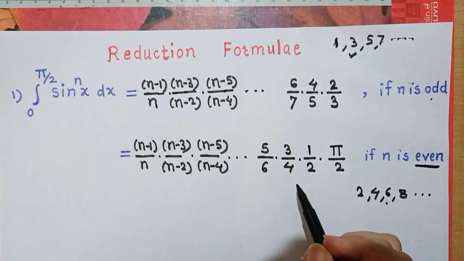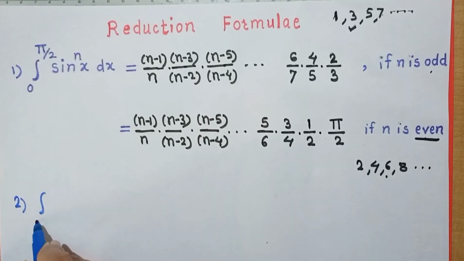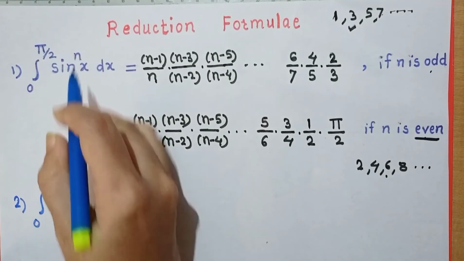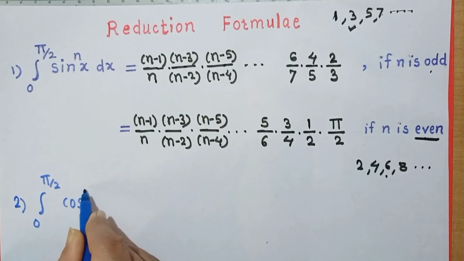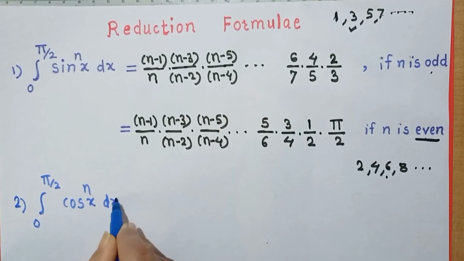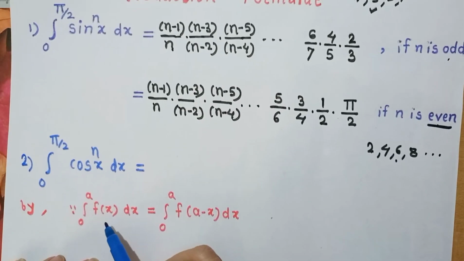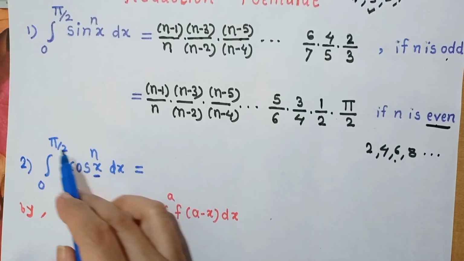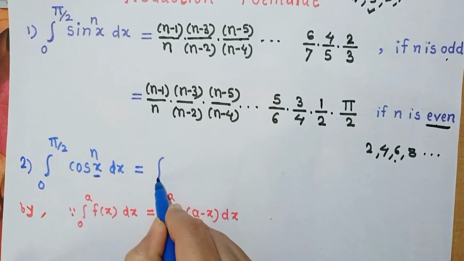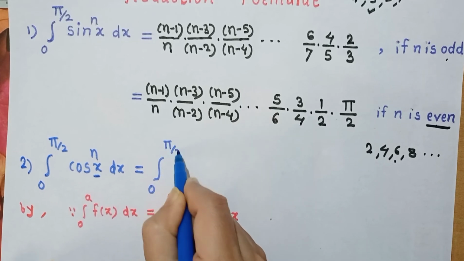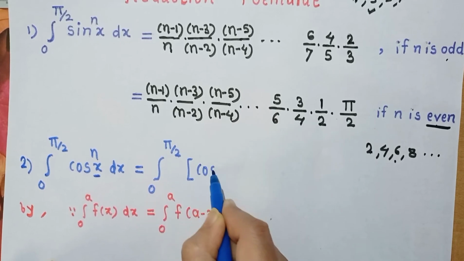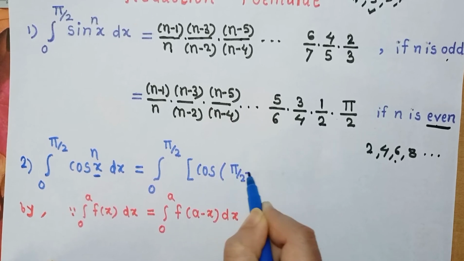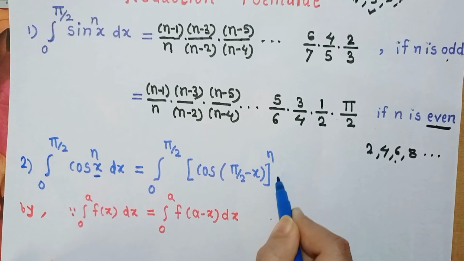And now let's check what the second formula is. Here 0 to pi by 2, and instead of sine we have to write cos of x raised to n dx. By using this property, integration 0 to a f(x) dx equals integration 0 to a f(a minus x) dx, we will replace this x by pi by 2 minus x. So here 0 to pi by 2 as it is, and here instead of cos of x, we will write cos of pi by 2 minus x raised to n dx.